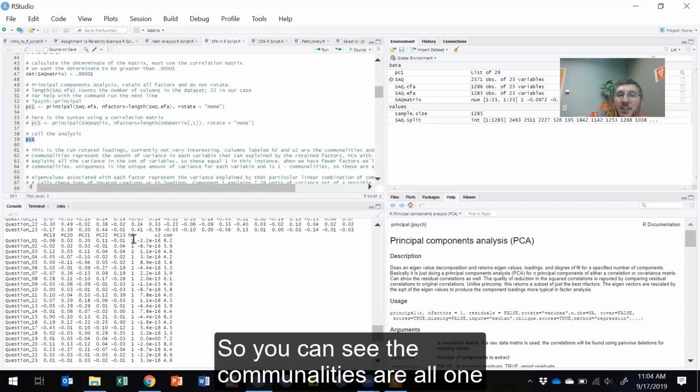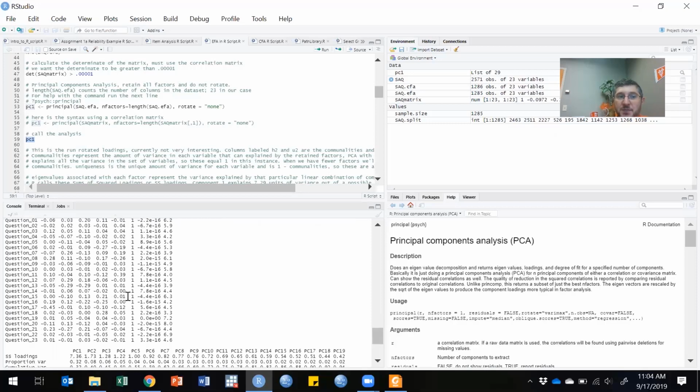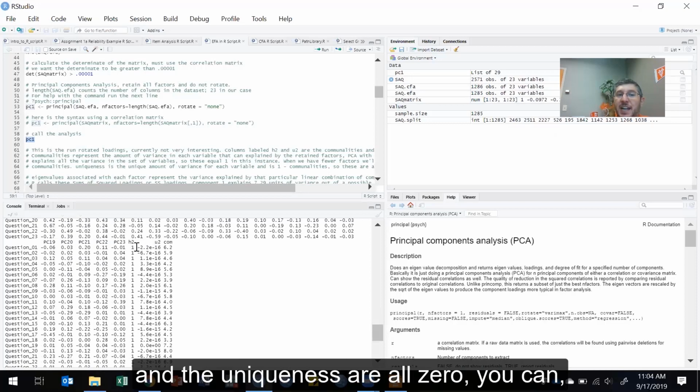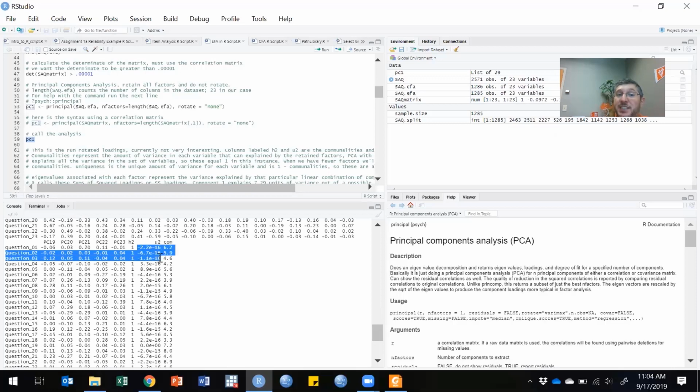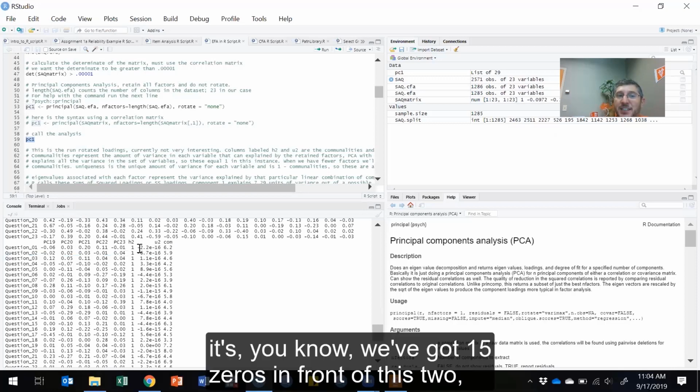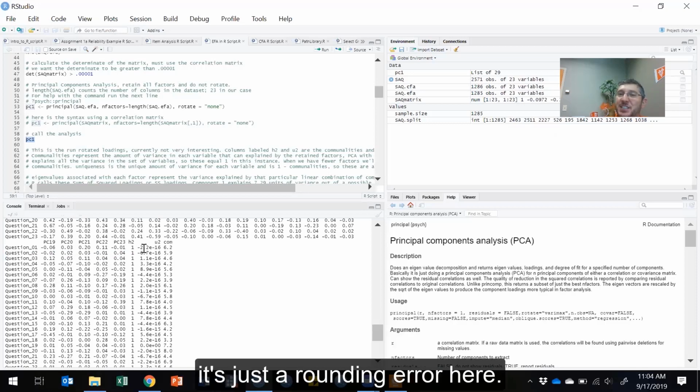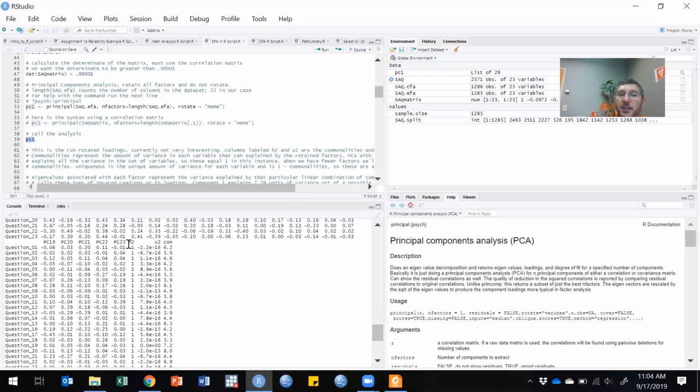So you can see the communalities are all 1 for all of our variables, and the uniqueness are all essentially 0. We've got 15 zeros in front of this too. It's just a rounding error here.